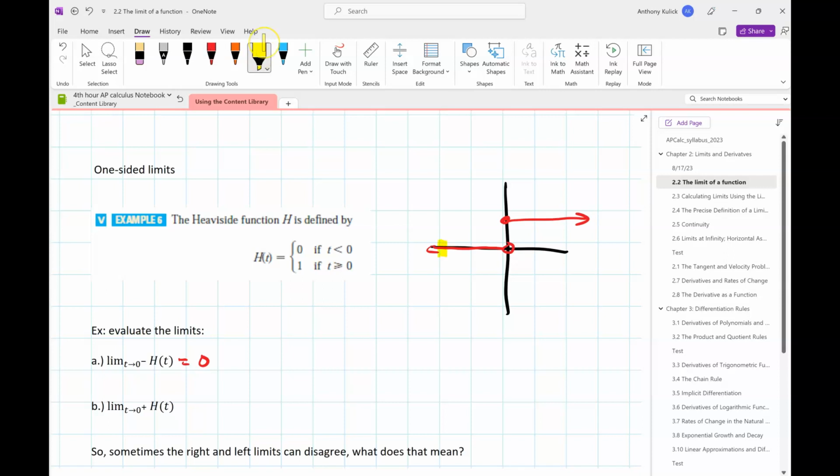So if I follow along from the left, we're heading towards 0. What's the limit if we go from the right? 1. Notice here that the left-hand and right-hand limits aren't the same. That can happen, right? But what does that mean for us?